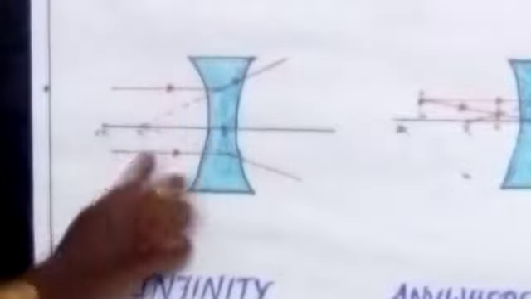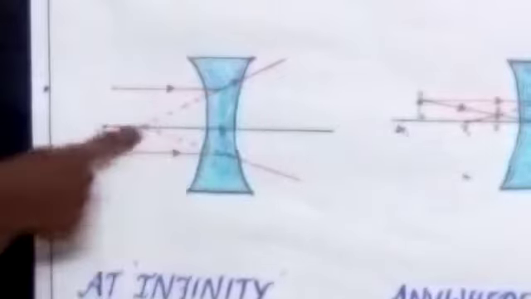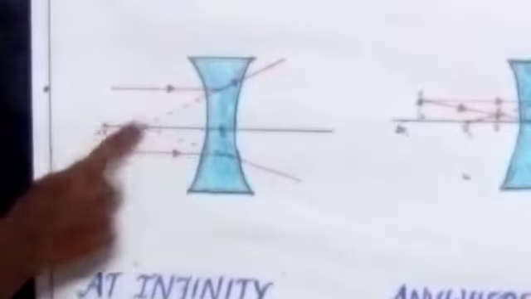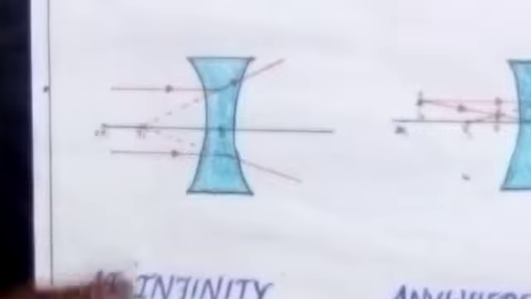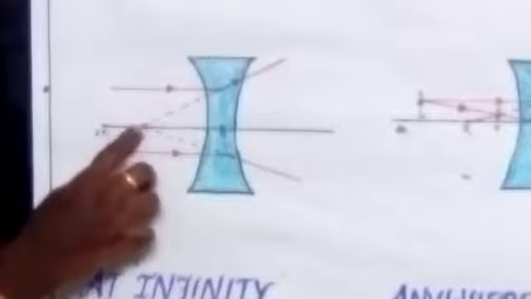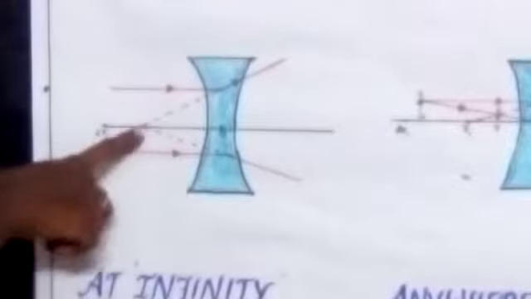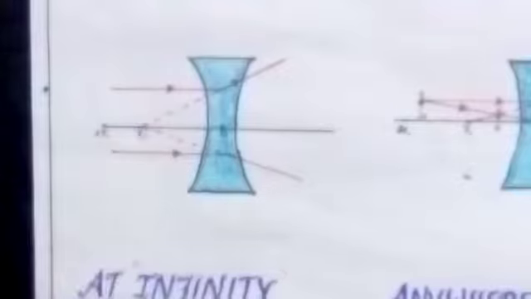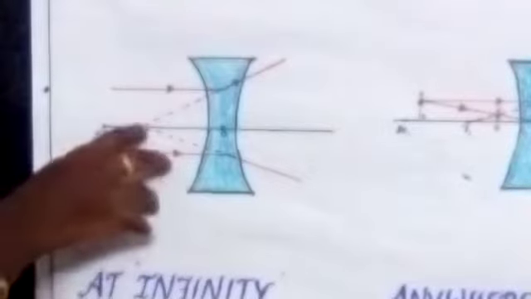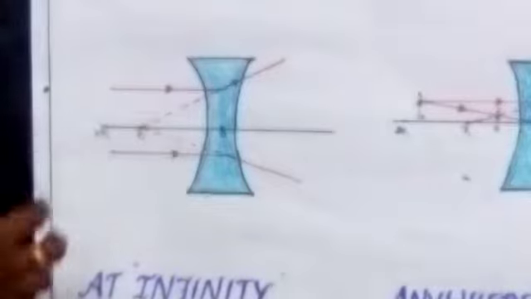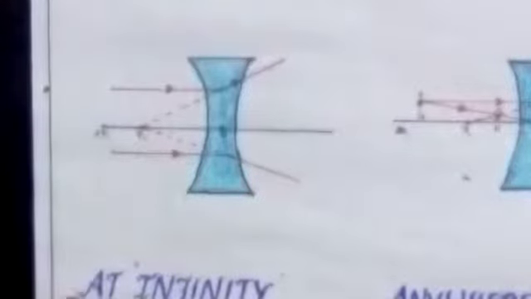The parallel rays after refraction diverge and meet at the principal focus. So the image is formed here. Object at infinity means the image is at the focus, and the size of the image is very small, a point size image.